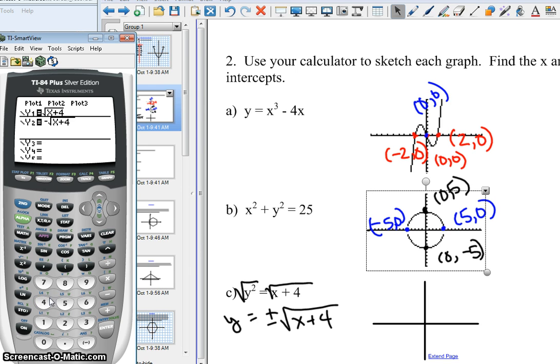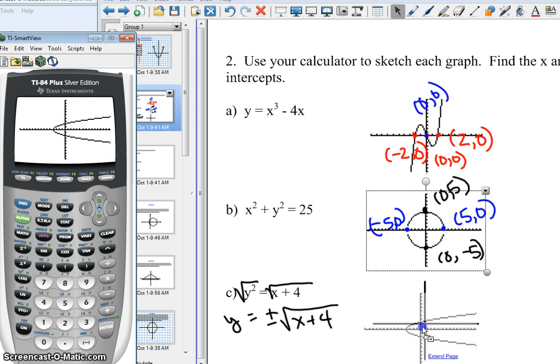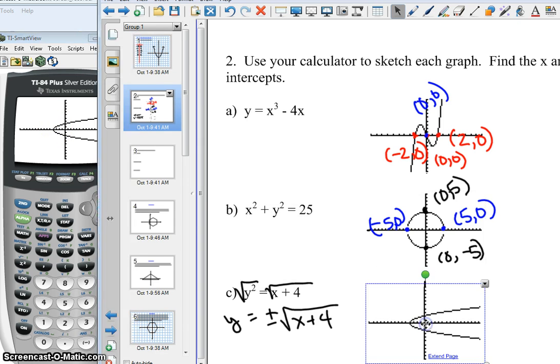So you need to enter both the positive and the negative, and then when you graph it, it's going to look like a parabola turned on its side. Okay, and then sketch that graph.